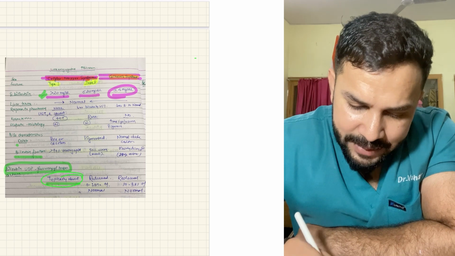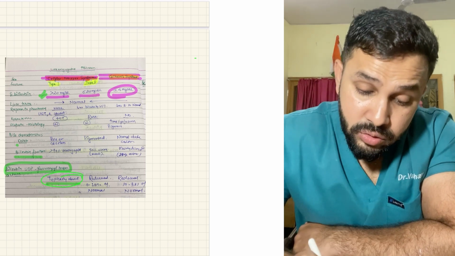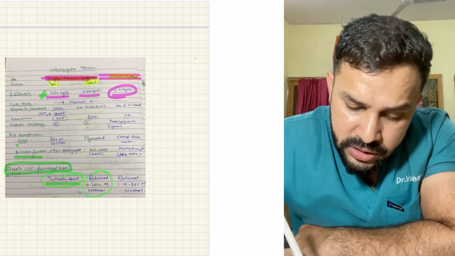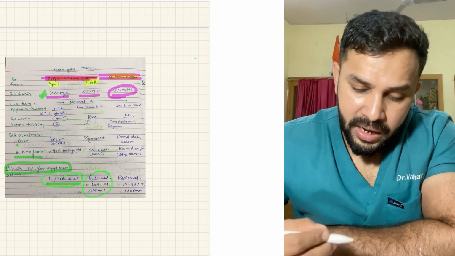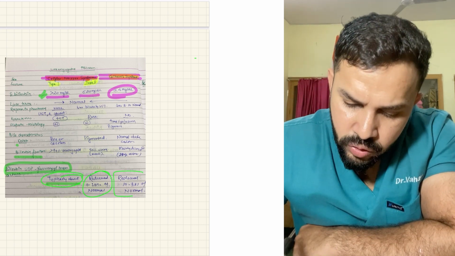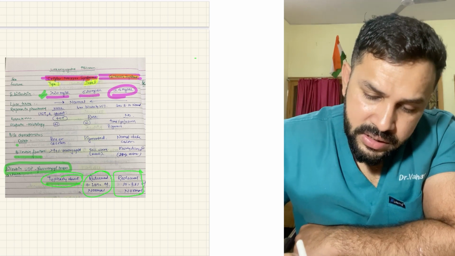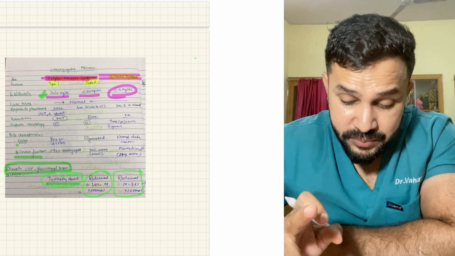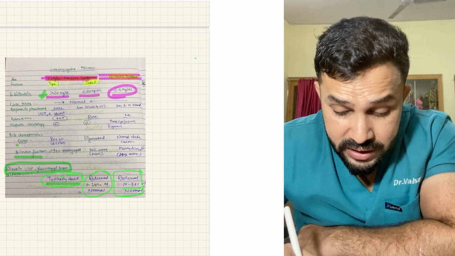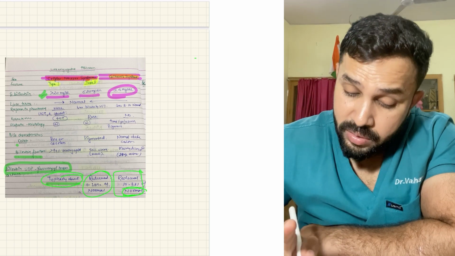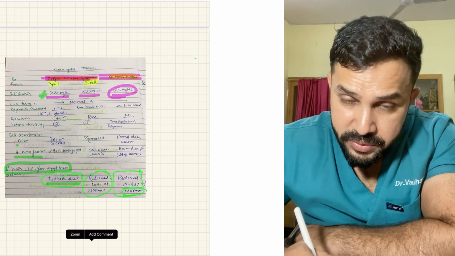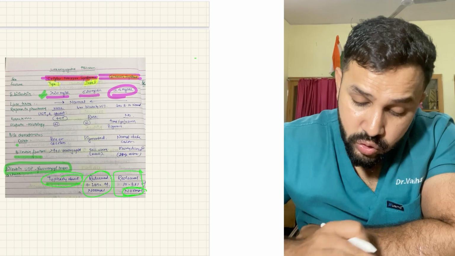This is typically absent. If you go into type 2, it is reduced to 0 to 10% of normal, and in the other, Gilbert, it is not absent, it is reduced to 10 to 33% of normal value, okay. In type 1 it is totally absent.